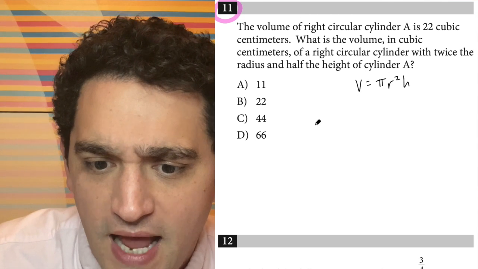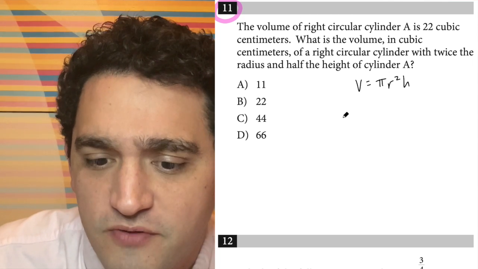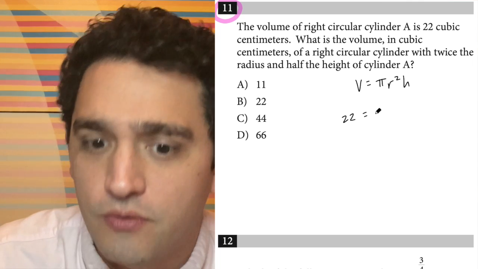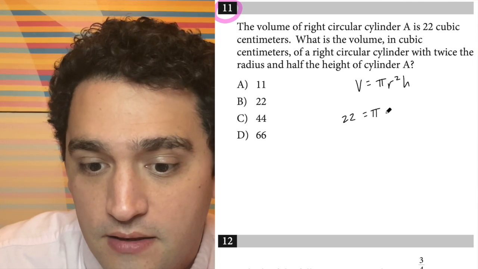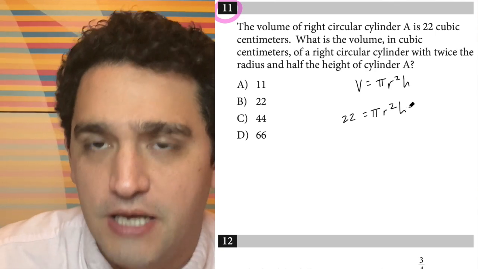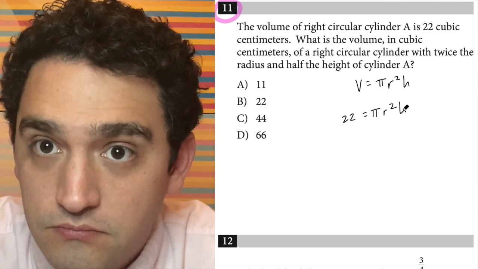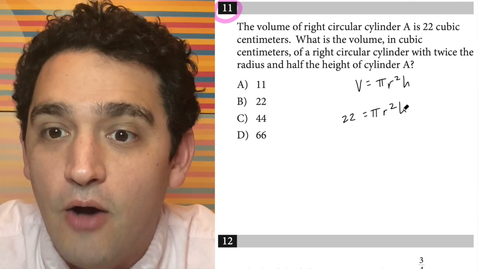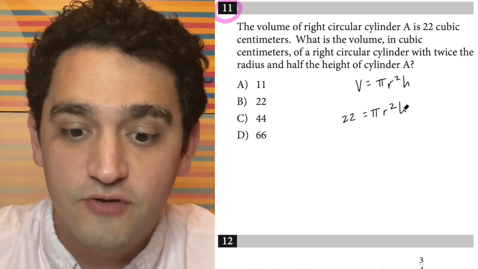So cylinder A, we know, has a volume of 22 cubic centimeters. So 22 equals pi times r squared times h. Well, not sure what r and h are, but they somehow get us a volume of 22.